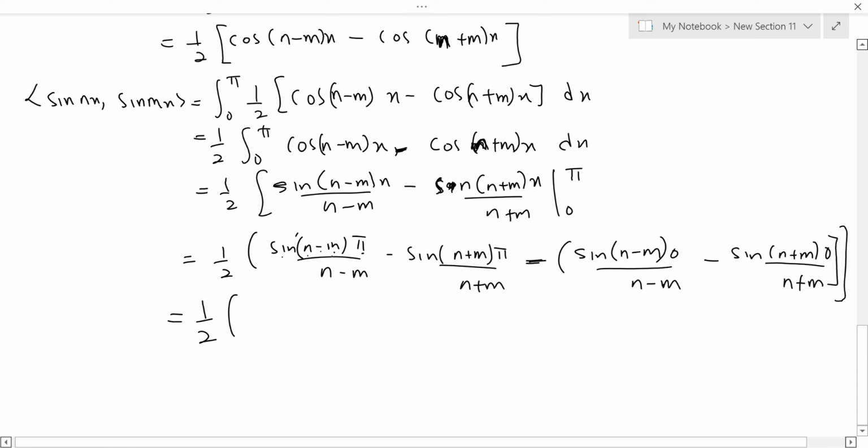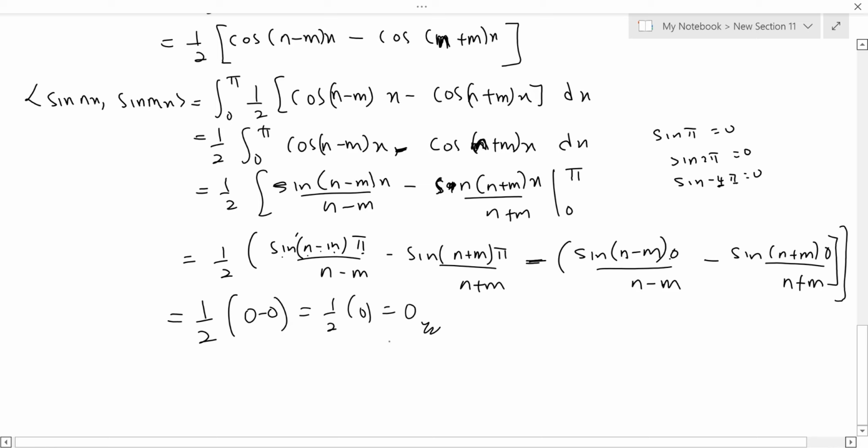You can use your calculator: sine pi gives 0, sine 2 pi gives 0, sine minus 4 pi still gives 0. So whenever a constant times pi, you get 0. So this is 0 and this is 0. For the terms at 0, you have sine 0, which is still 0. So at the end of the day, you get 1 over 2 times 0.